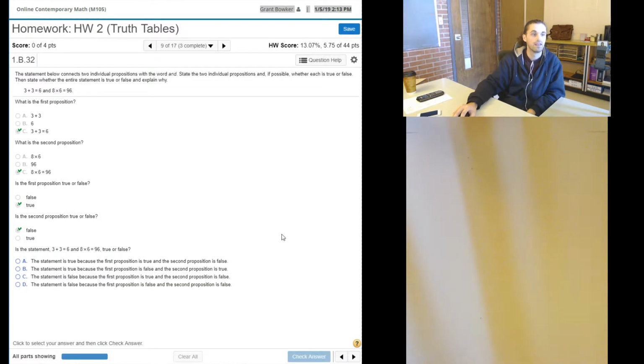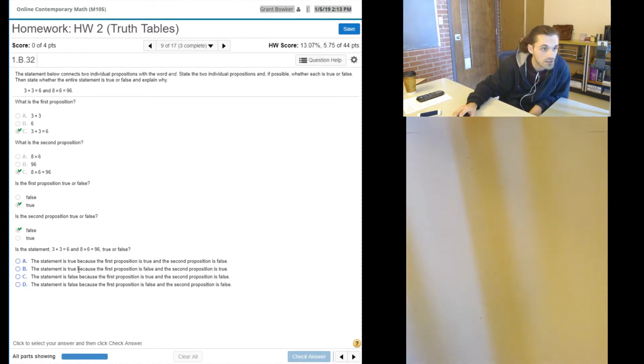Is the statement 3 plus 3 equals 6 and 8 times 6 equals 96 true or false? Well, it's false because this second claim, or this second proposition, is false. And an and statement is only true if both pieces of that and statement are true.